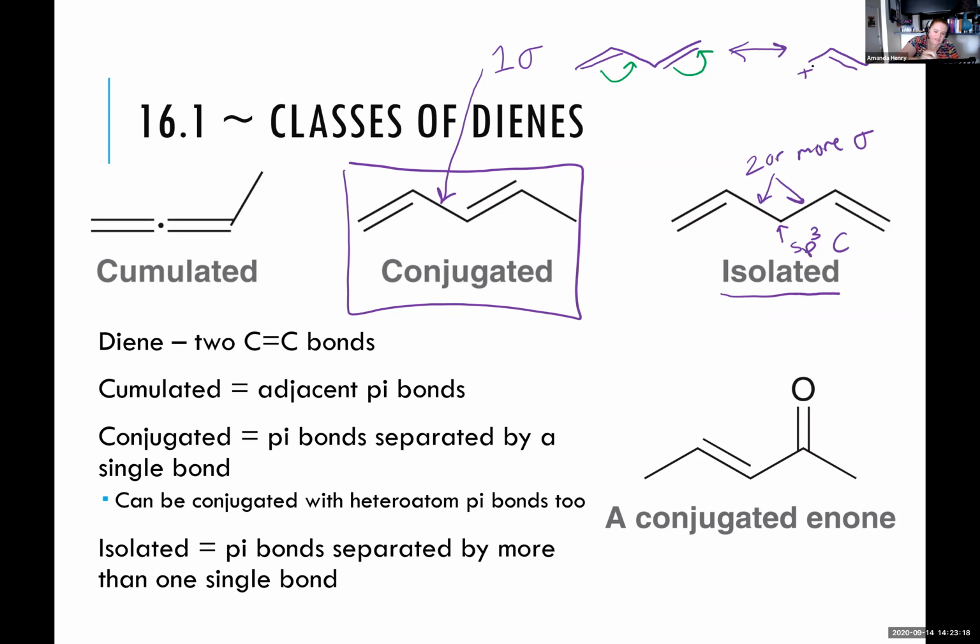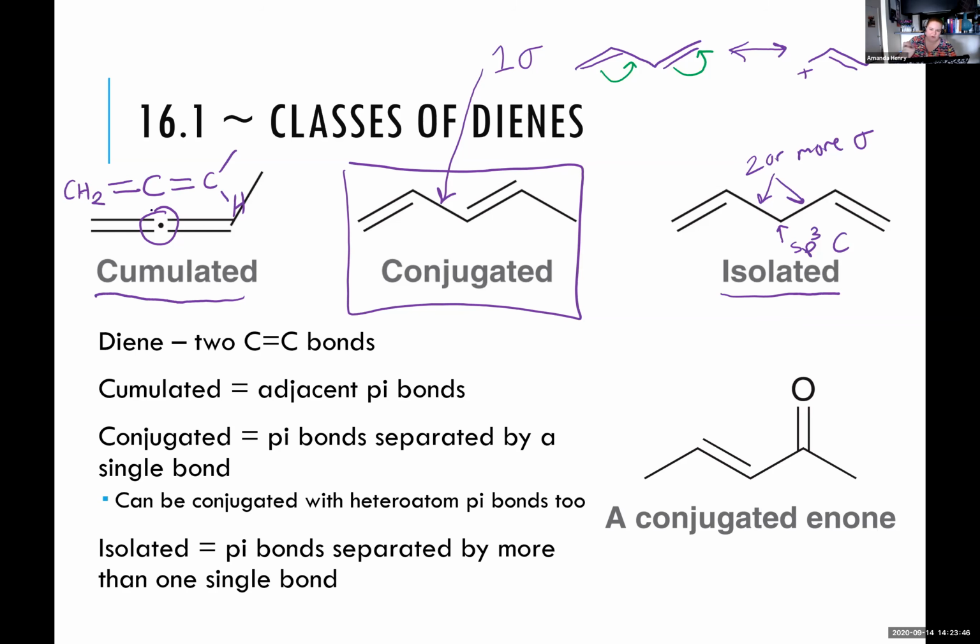And then that first one on the left there, cumulated double bonds, these are when we have two double bonds that are back to back. So we have a CH2 double bonded to a carbon, double bonded to a carbon with a methyl and a hydrogen. So this little dot in the middle, that's representing the carbon that's double bonded on both sides.